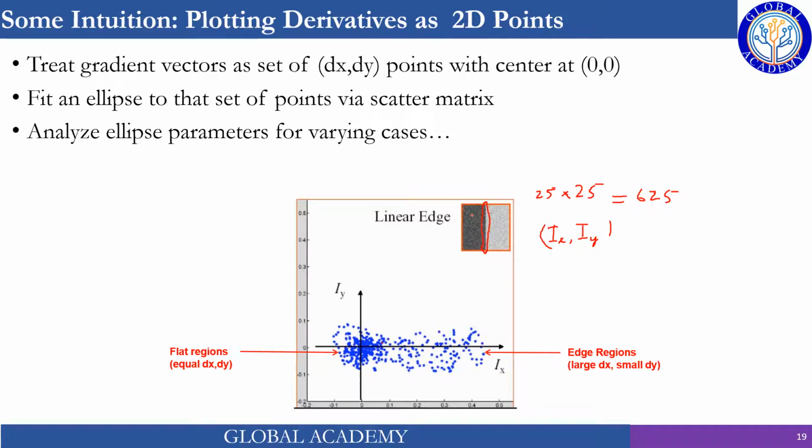But on the flatter surface over here or over here, you will get smaller values of ix and smaller values of iy. But in case of this edge, you will get a greater value of ix and a smaller value of iy. So you will get dots along this axis.